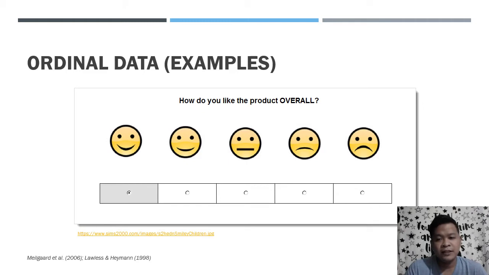So in most cases, the scales that we use, especially if we just made them up, like the smiley scale, it's best to treat them as ordinal data because we don't actually know if there are equal intervals between these slight changes in facial expressions. Again, these smiley scales are typically used when dealing with children and other young sensory evaluators.